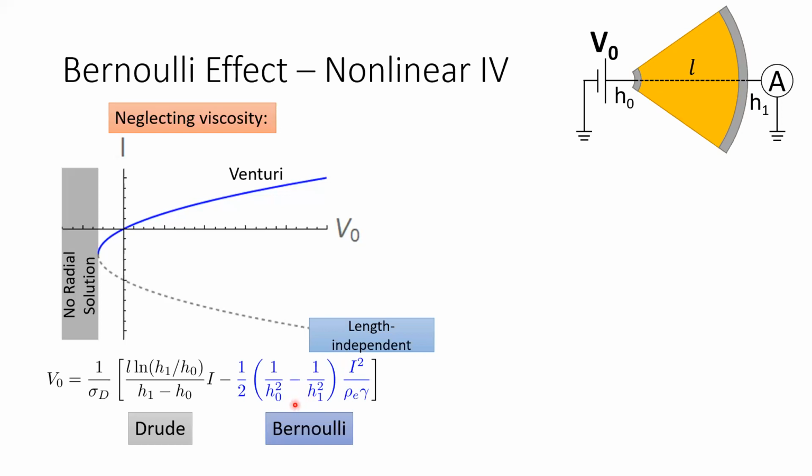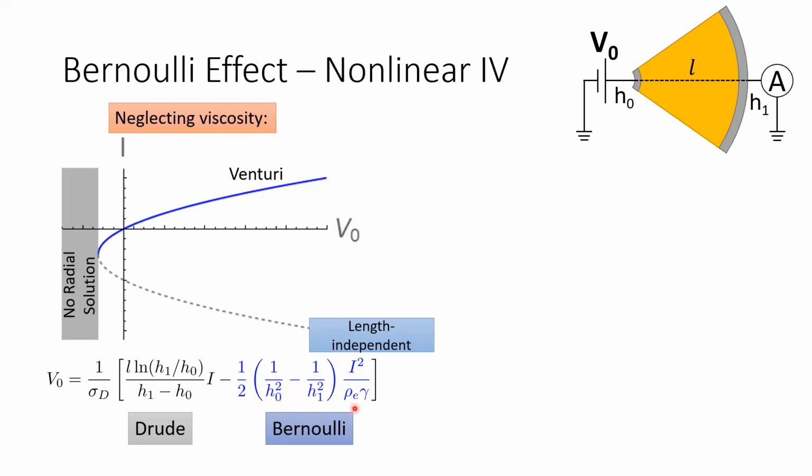In particular, this Bernoulli term will vanish if it's a rectangular geometry. So you can look for geometric effects when you go from a rectangle to a wedge, and look for this 1 over h naught squared type behavior.